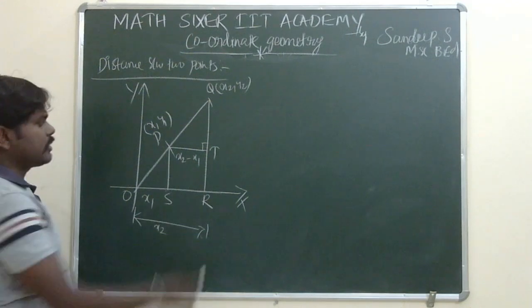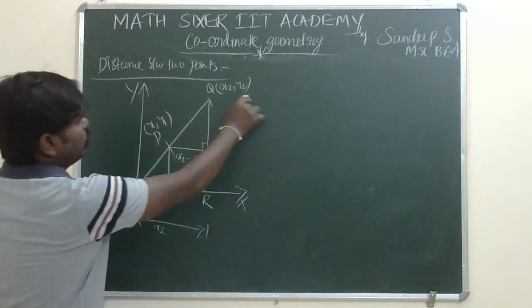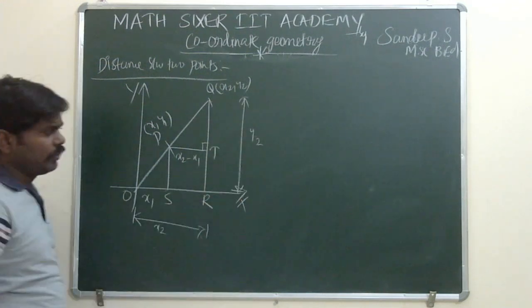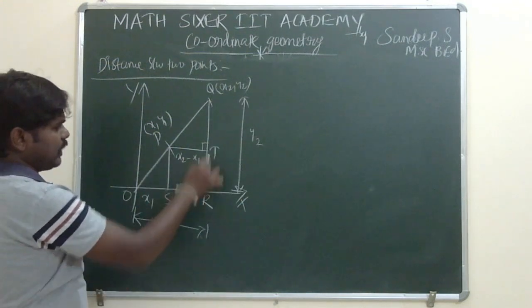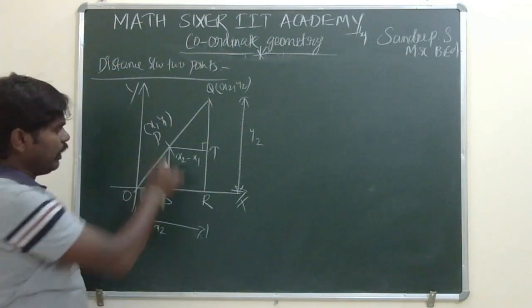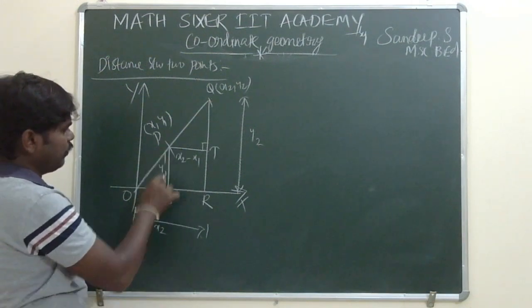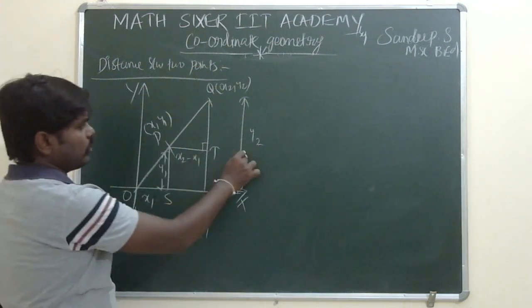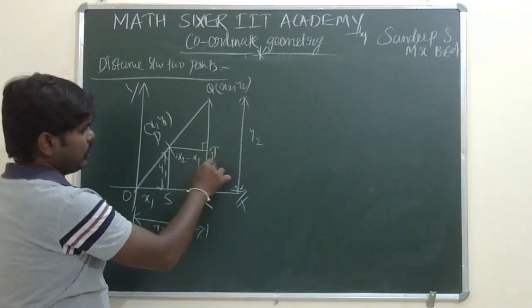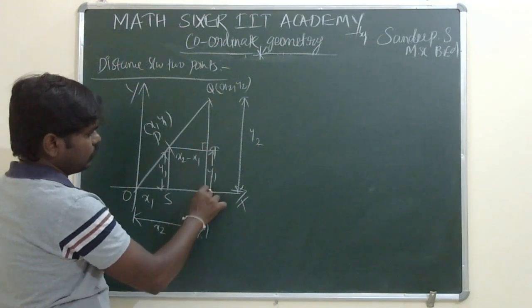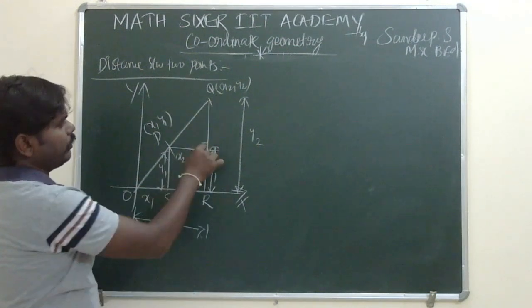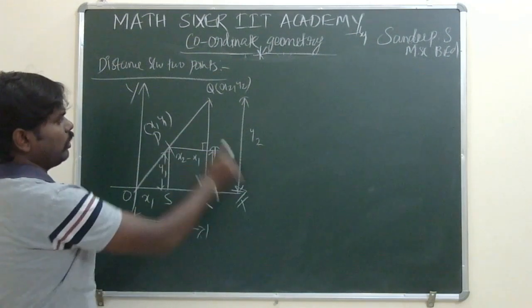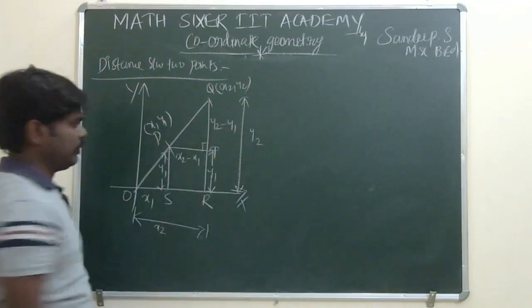Next, OR is nothing but y2, and PS and TR are both equal, and PS is nothing but y1. So if you want to find QT, you have to subtract this part from the whole. Hence you will get y2 minus y1.